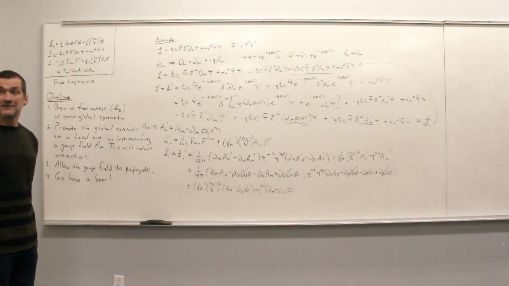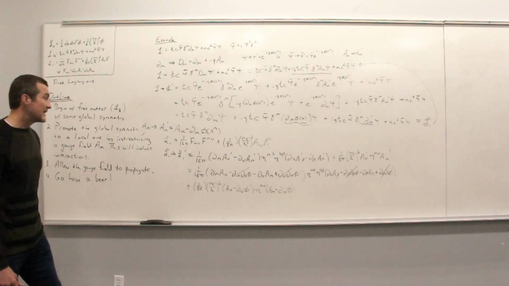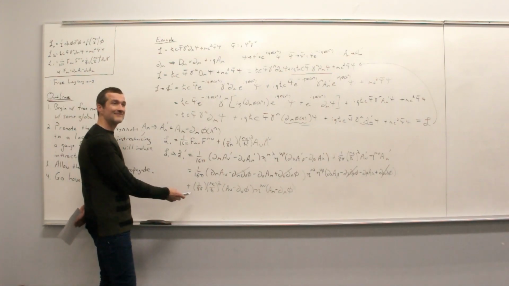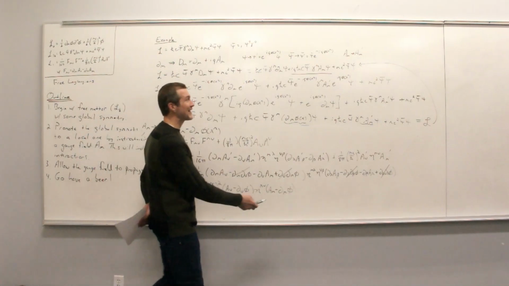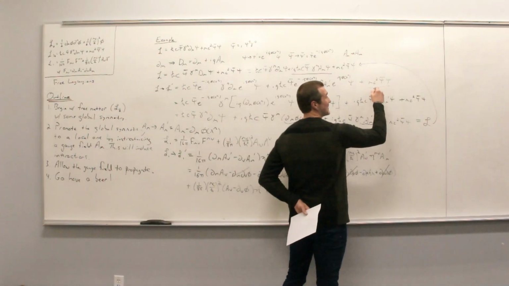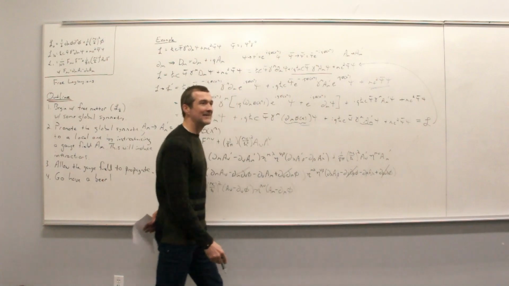Pretty impressive, huh? F mu nu is invariant under this local transformation. What about the mass term? I mean, it was always invariant here, right? Is this invariant?